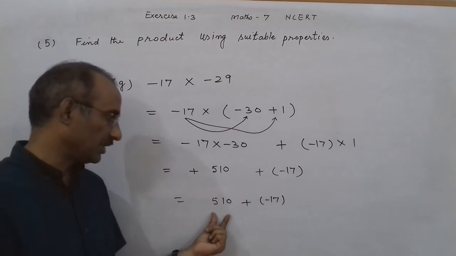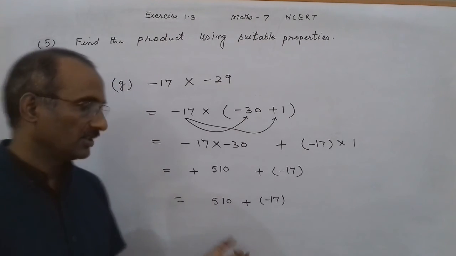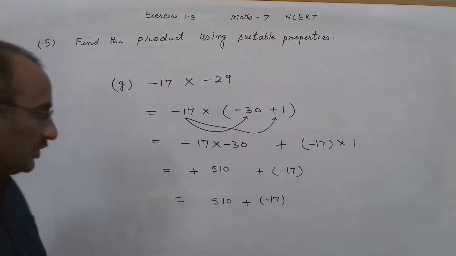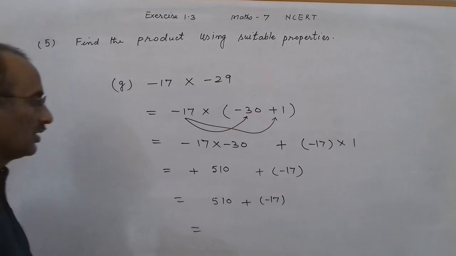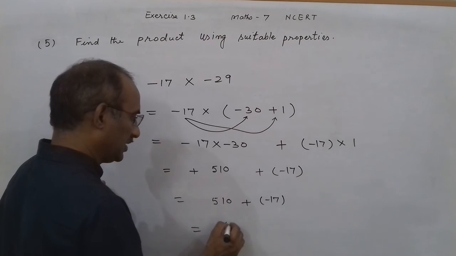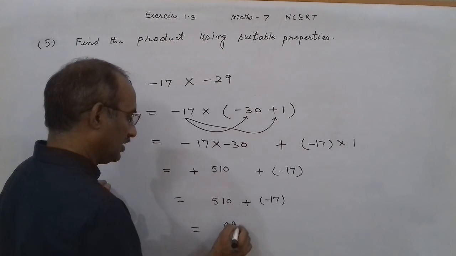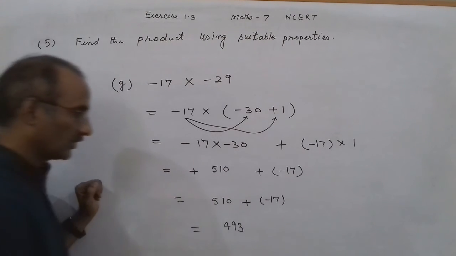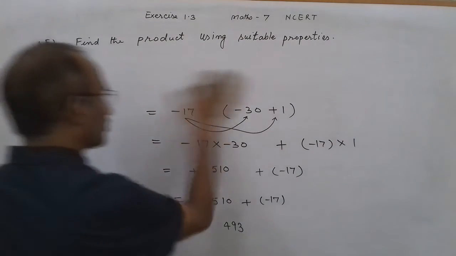This is a positive integer and this is a negative integer. To find the sum of these two integers, we subtract 17 from 510. So here we get 493. This is our answer. Now see the next question.